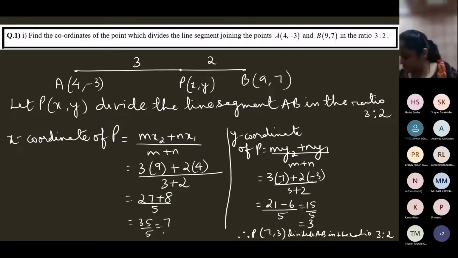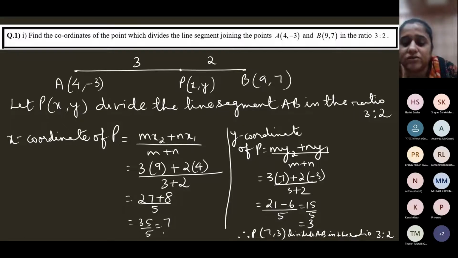Take down, children. So the x coordinate of P is 7. The y coordinate of P is 3.